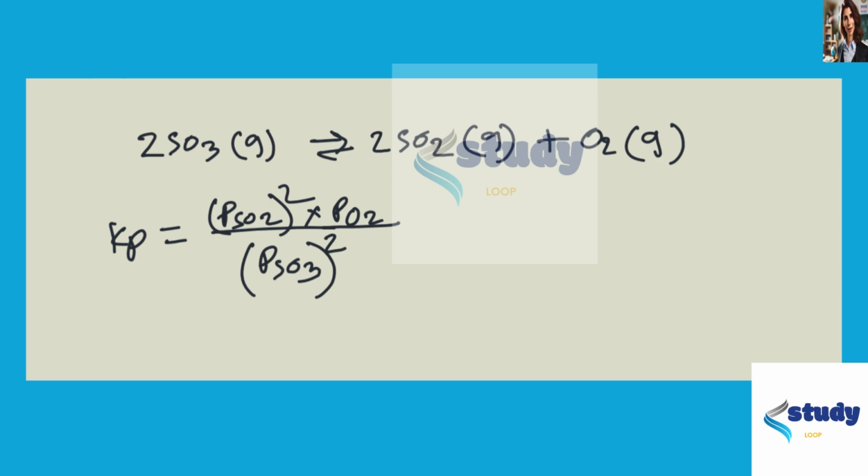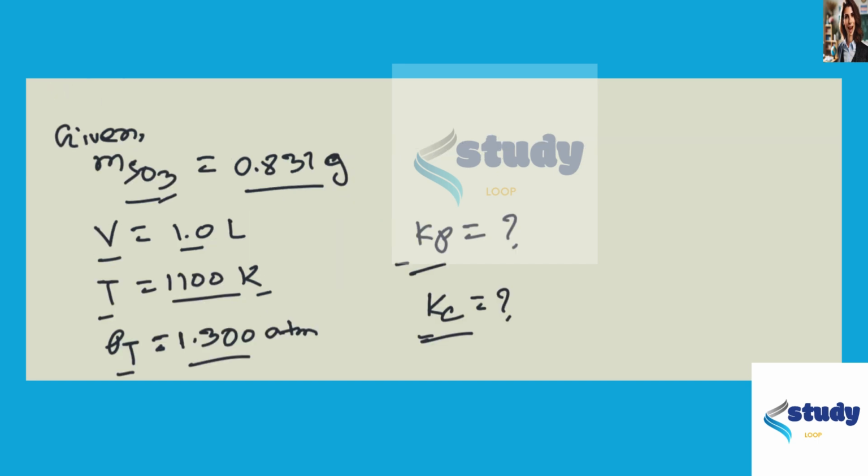Now, we need to know the partial pressure of each of the components at equilibrium. We are given the initial mass of the sulfur trioxide. From this we can find the initial pressure of sulfur trioxide, and from there, setting up an ICE table, we can find the equilibrium pressure of each of the components present.